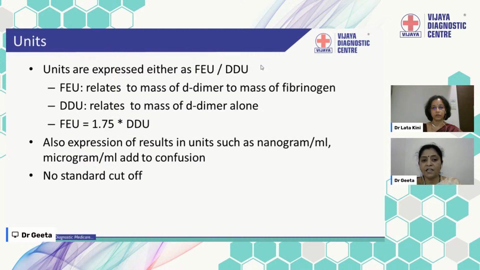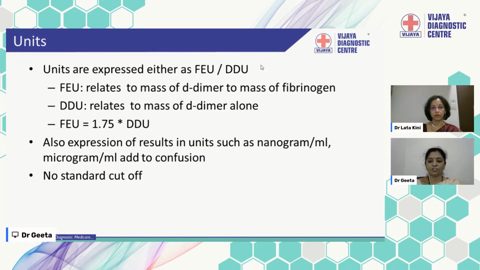Hence, it is recommended that we do not change DDU to FEU in the general practice, which is normally seen in about 30% of the laboratories today. I would request all the laboratories to kindly take care of this, that they report in the same units as per the kit insert, as these are validated according to those particular units.